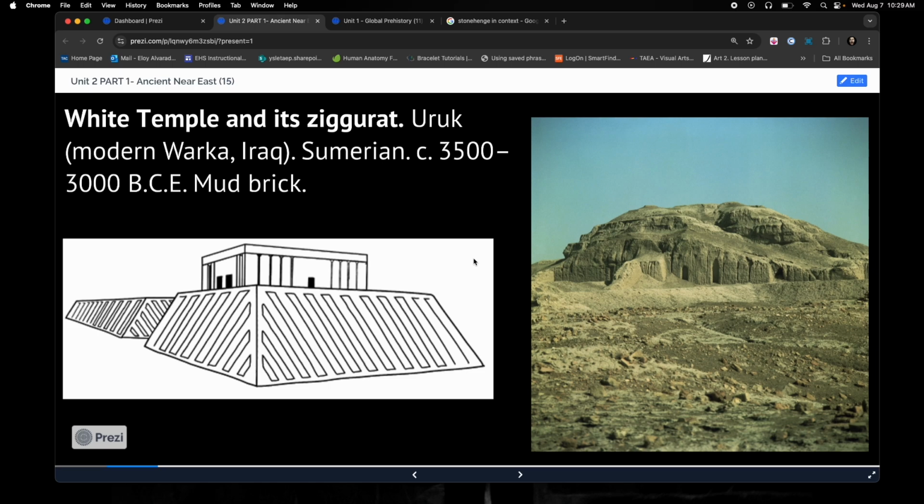Now, the edges or the walls are sloped, and it was also fluted, so that rainwater would not collect on top, and it would just flow off the sides.